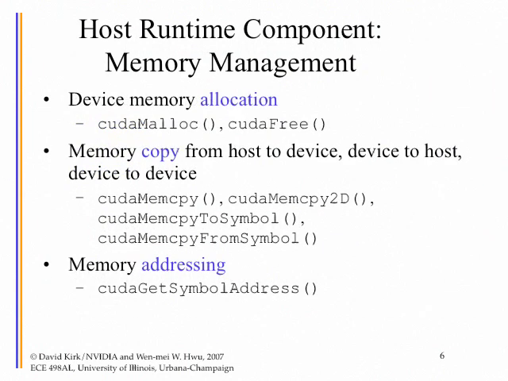From the memory management point of view, these are the host runtime functions that allocate device memory and do the memory copy. Remember, we talked about a few of these at the beginning. I'm not going to waste time talking about the difference between these things and all the intricacy.